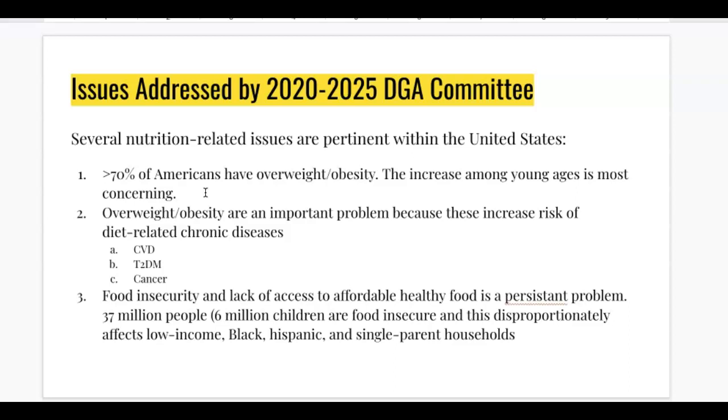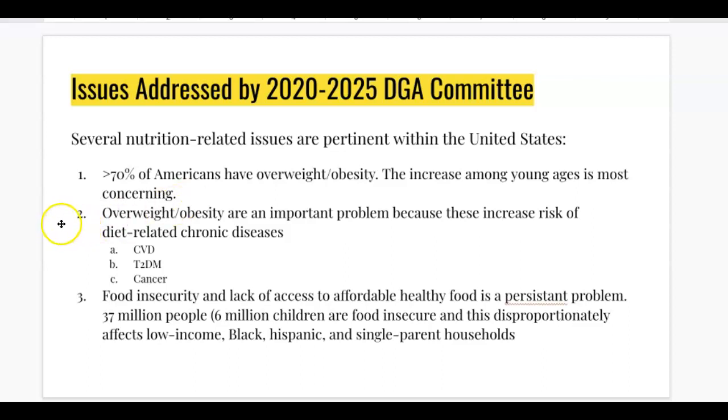And the reason that they are so concerned by this is that the behaviors related to overweight and obesity during adolescence and childhood are likely to be carried into adulthood. And overweight and obesity during childhood and adolescence really sets the stage for chronic diseases.